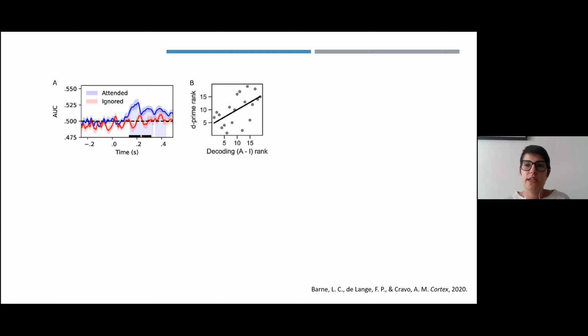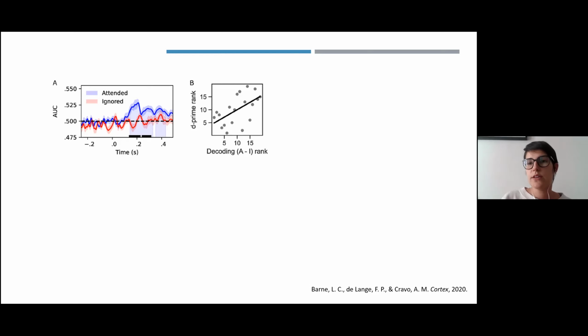So actually, this is just a matter of proving a point, that the decoding is capturing how well people are seeing, or how good the sensory processing of that stimulus was.